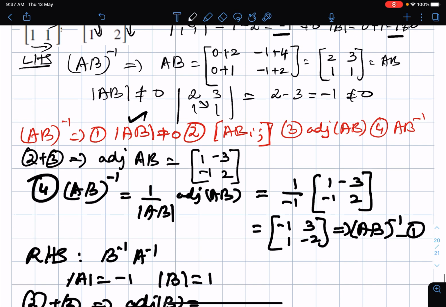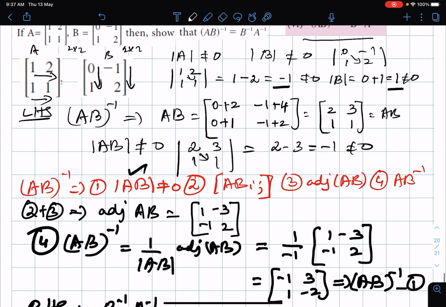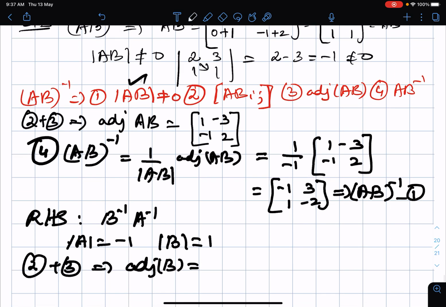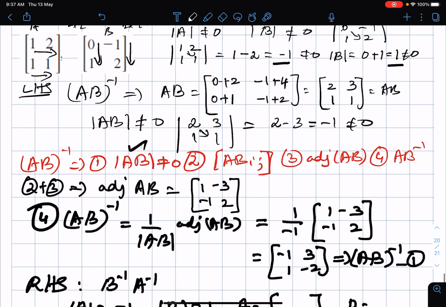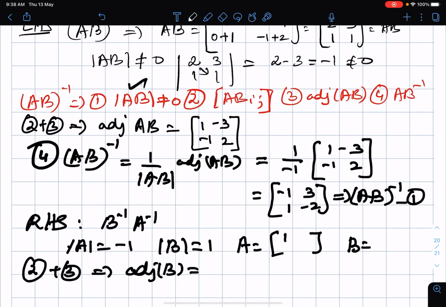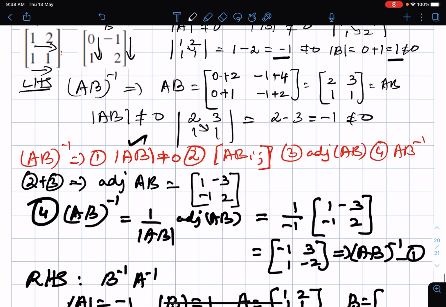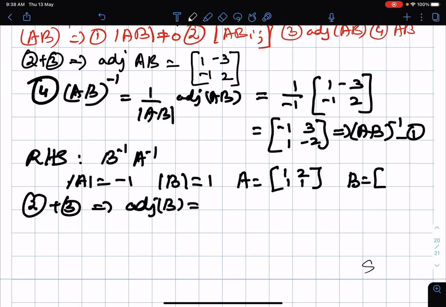What is adjoint B? B is 0 minus 1 1 2. So I will write A and B here. Okay, what is A? 1 2 1 1 1 2 1 1. What is B? 0 minus 1 1 2.